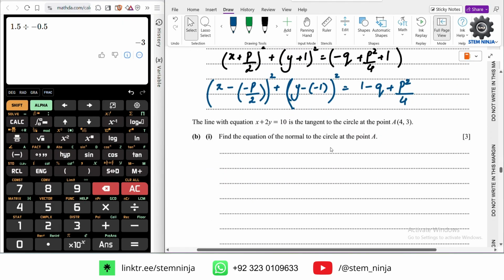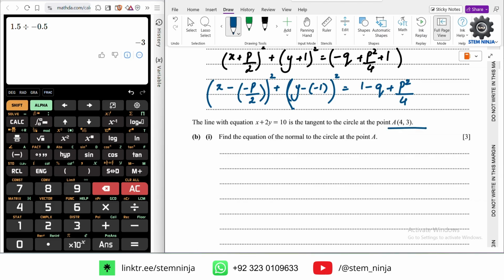The line with the equation x plus 2y equals 10 is tangent to the circle at point A, 4, 3. Find the equation of the normal to the circle at point A. Okay, so the normal to the circle at point A will actually be passing from A to the center of the circle.